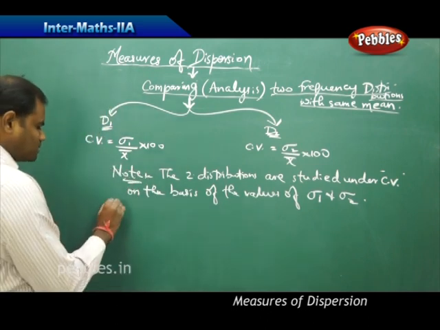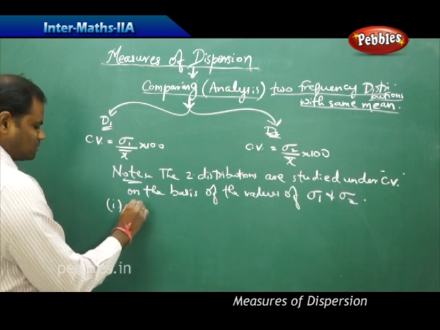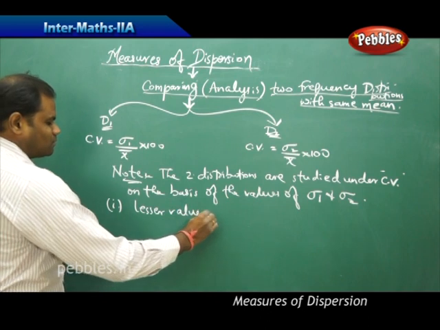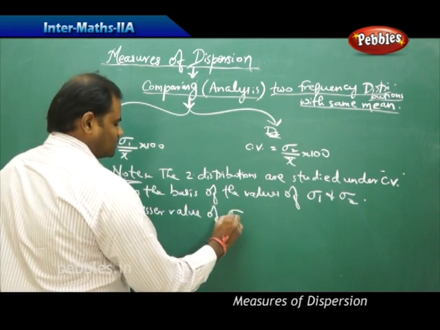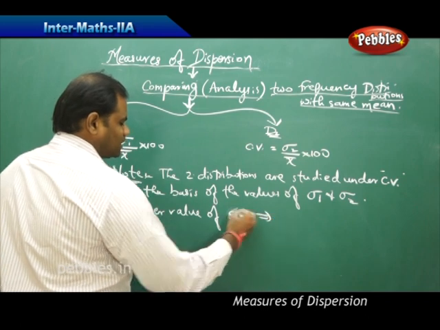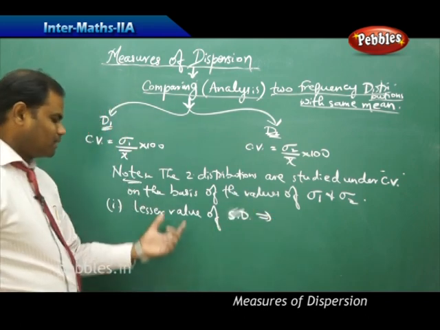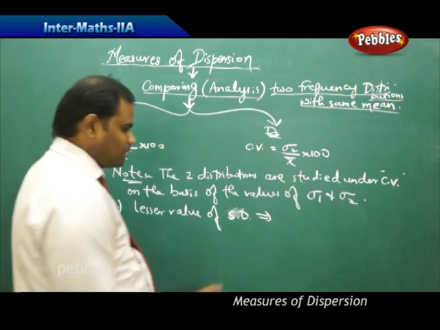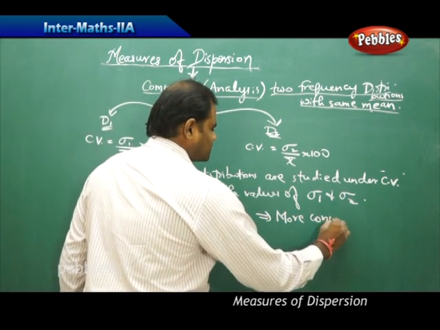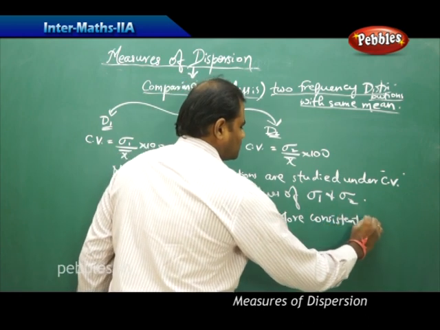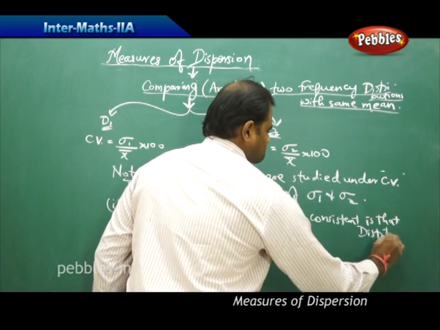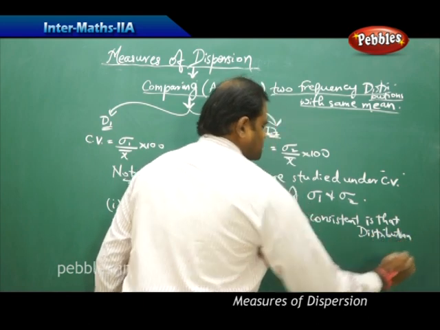So what happens when sigma 1 is lesser value of standard deviation implies more consistent is that distribution.